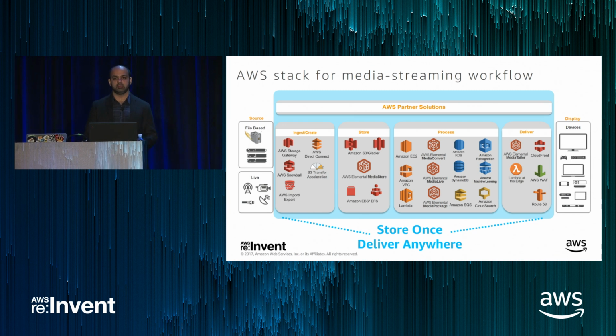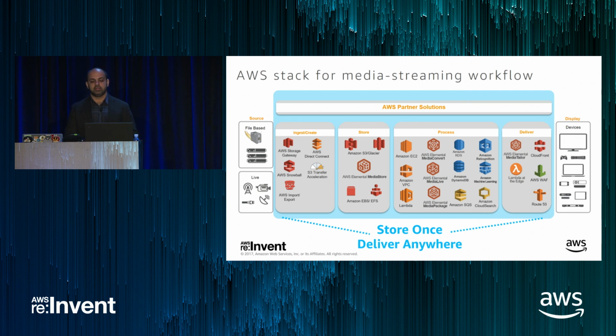Right? That's AWS Elemental MediaStore. On the processing side, you'll see EC2, VPC, Lambda, all these constructs, if you will, that we will talk about. And then in order to store your state, you have relational databases like RDS as a service, DynamoDB, et cetera, and then machine learning.